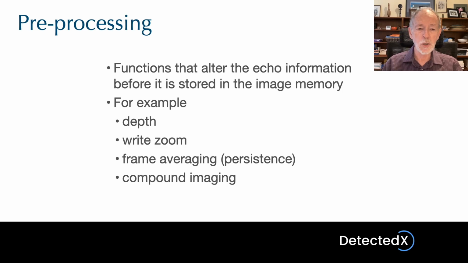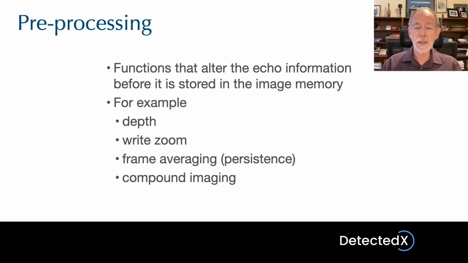So the machine captures the most recent image and then it averages that with the previous image. This function is also called persistence, and its purpose is to reduce speckle. So this smooths out the speckle appearance in soft tissue.